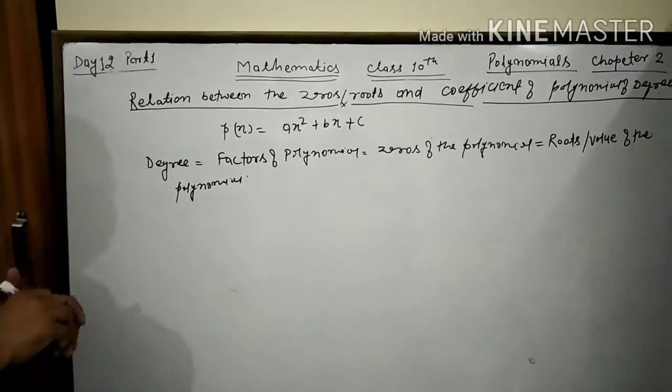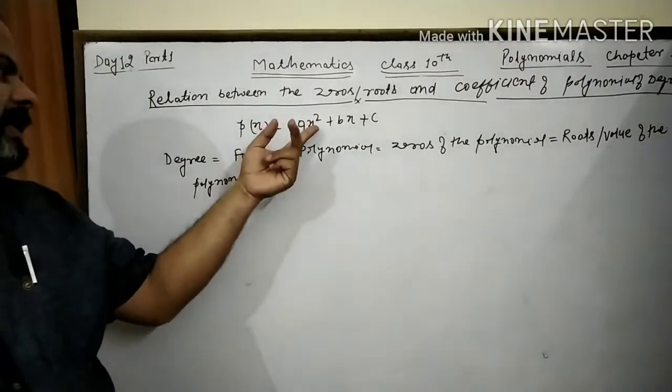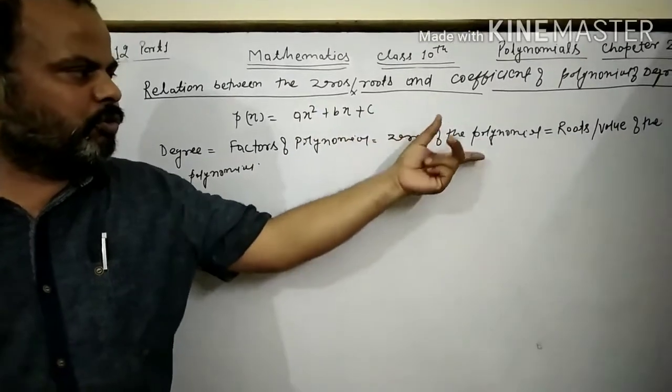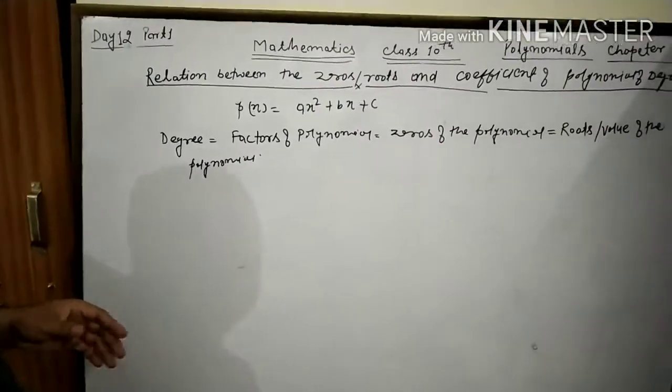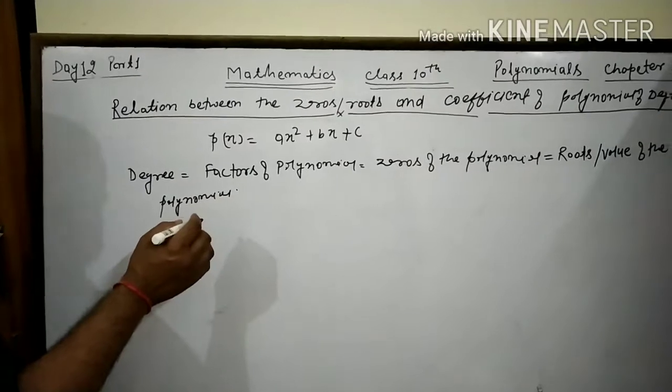Clear? It means if any polynomial is a second degree polynomial, it has two factors, two zeros, two roots, and this polynomial intersects the axis at 2 points.